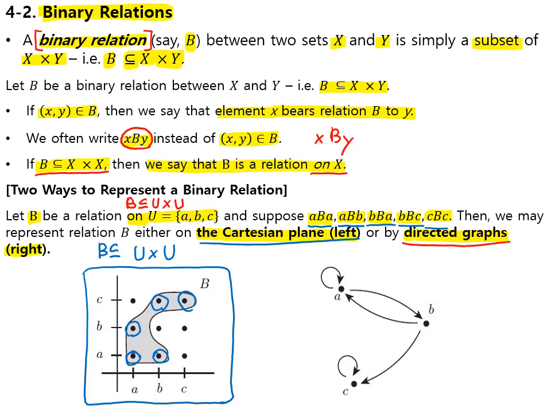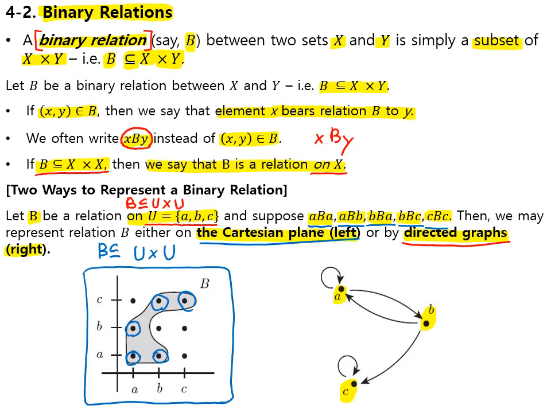The basic thought is that each element in the set U is represented by a dot. Again, the set U consists of three elements, A, B, and C, which are represented by dots. And we use directed arrows to represent that a given element is related to another element.